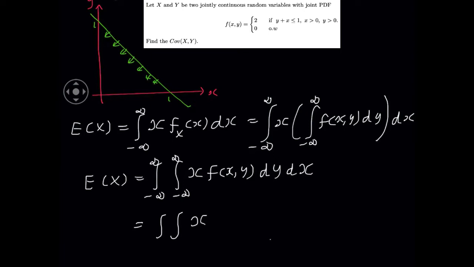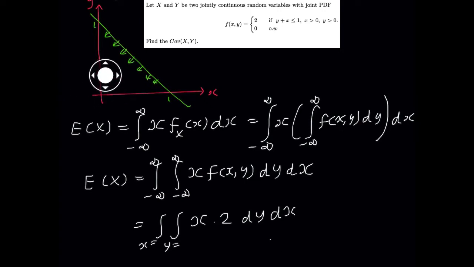So now let me go back to our problem. x times f_XY, which in our case is 2, so x times 2, 2x dy dx. Now we need to decide the limits of y and x. Go back to the diagram.